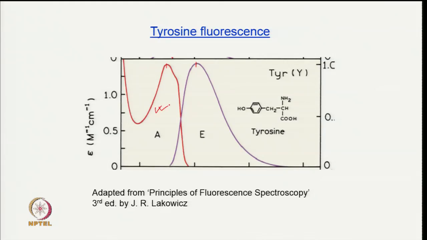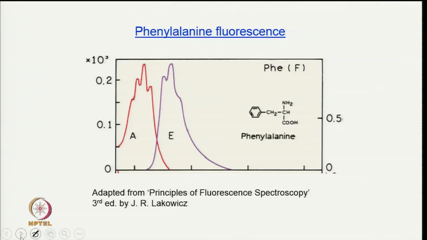This is the tyrosine fluorescence profile. This is the absorption band of tyrosine and this is the emission band of tyrosine. Now, you can see that there is a difference between lambda max of absorption and lambda max of emission, and this shift is known as your Stokes shift. Similarly, we can also look at phenylalanine fluorescence.